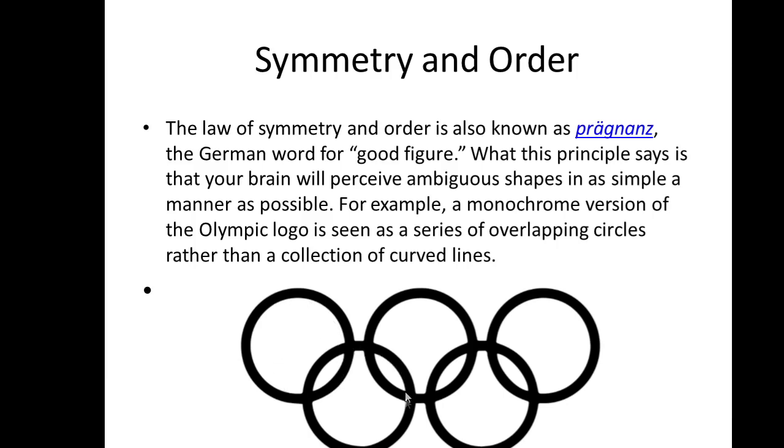So our brains will tell us that these are overlapping circles rather than a collection of curved lines. Let's say, for example, that this is one line, another line, another line, and so on, as if these are several curved lines collected together.